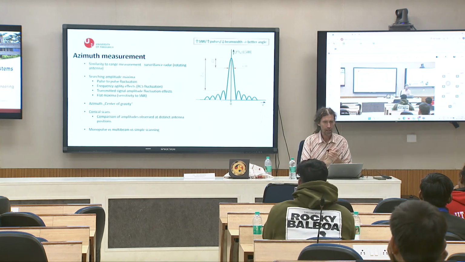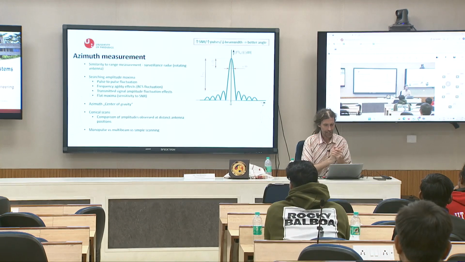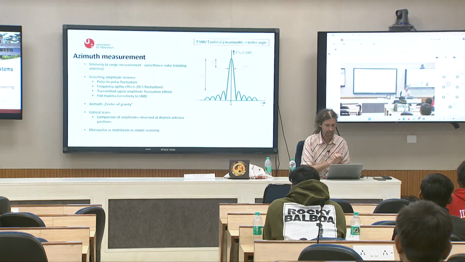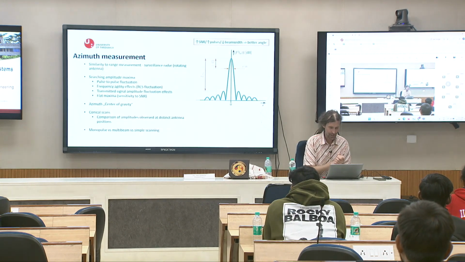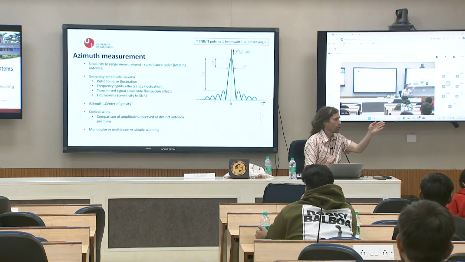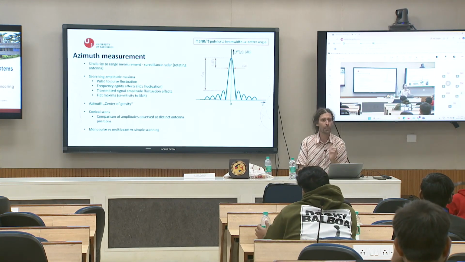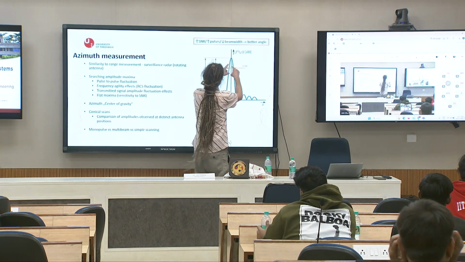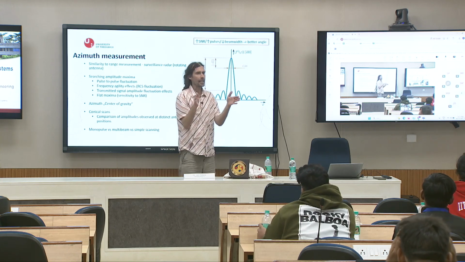Azimuth measurement. Generally, azimuth measurement works in a way that is quite similar to range. But now it is the antenna angle where you are looking. And the resolution depends, of course, on my antenna pattern.